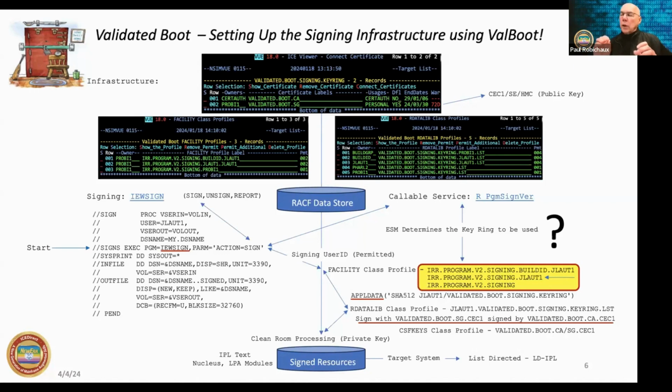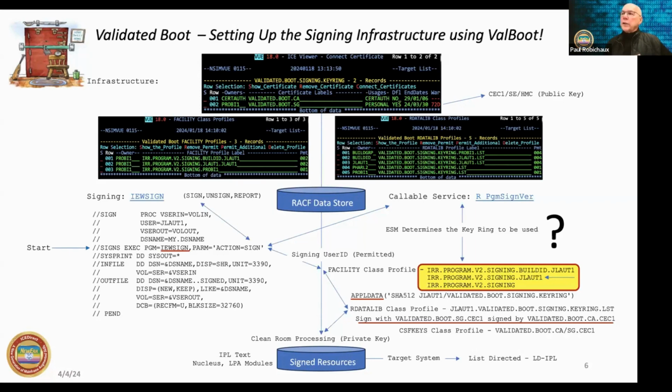And the only way to truly verify that any of this works is to exercise it against IEW Sign, that program that will be actually used for signing the modules in a specific library. And so we're going to do both of those. We're going to not only build the infrastructure, but we're actually going to sign modules themselves.